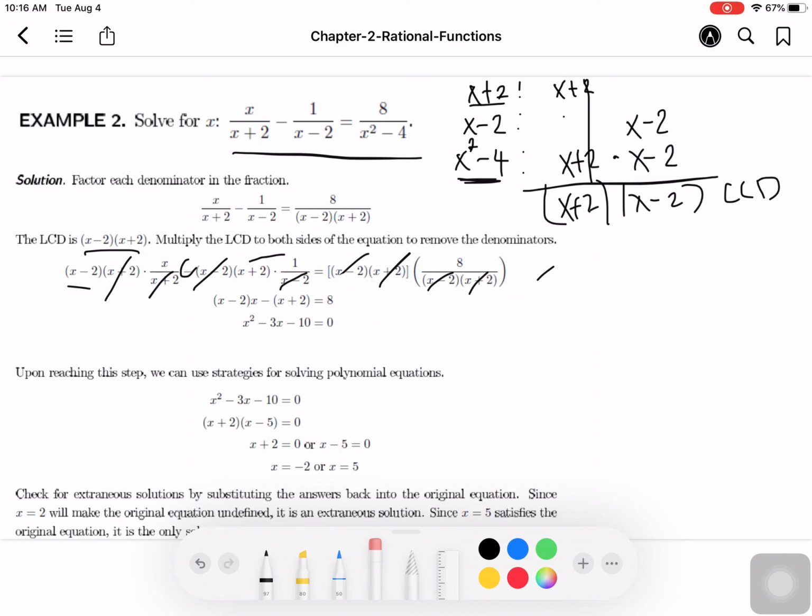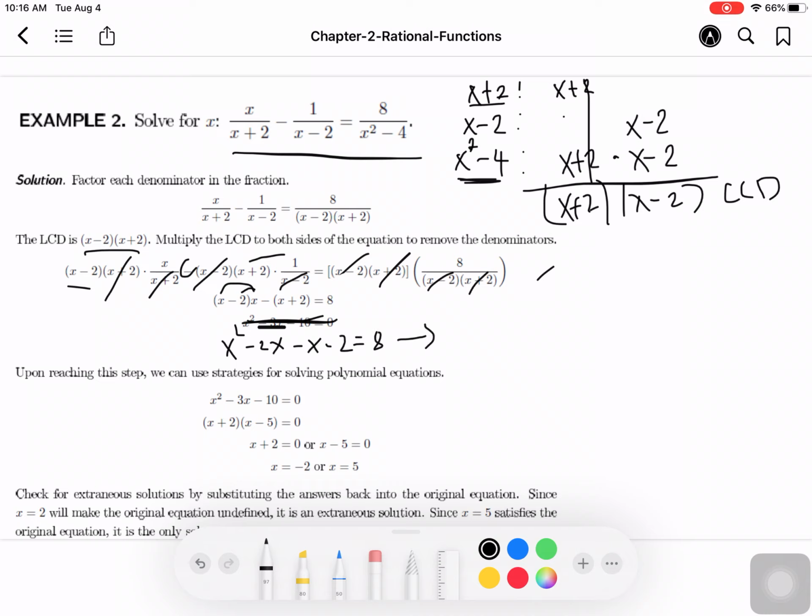Then, you distribute your x, this one. So we have x squared. The shortcut: this will become x squared minus 2x. Then minus x minus 2 equals 8.